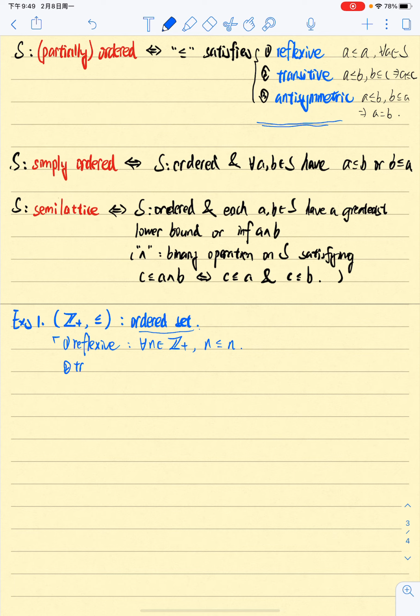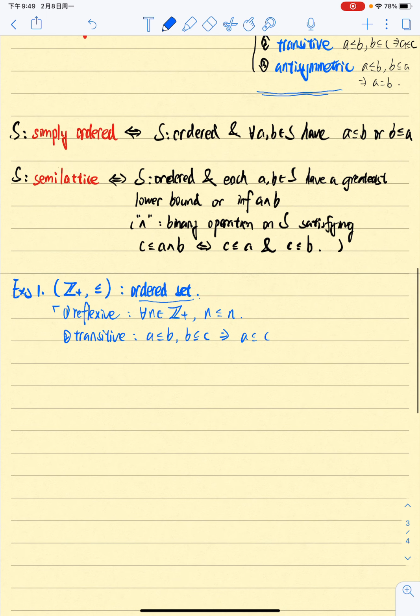And the second, transitive: if A is smaller than or equal to B, and B to C, actually we also have this relation. So transitive holds.